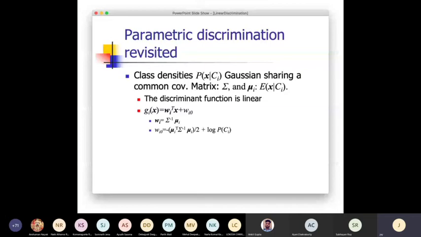The functional form will be in this form if you use this Gaussian distribution we have discussed earlier. You can see that the prior term comes in the form of log of probability of Ci. That is added, and the other term comes from the likelihood expression.